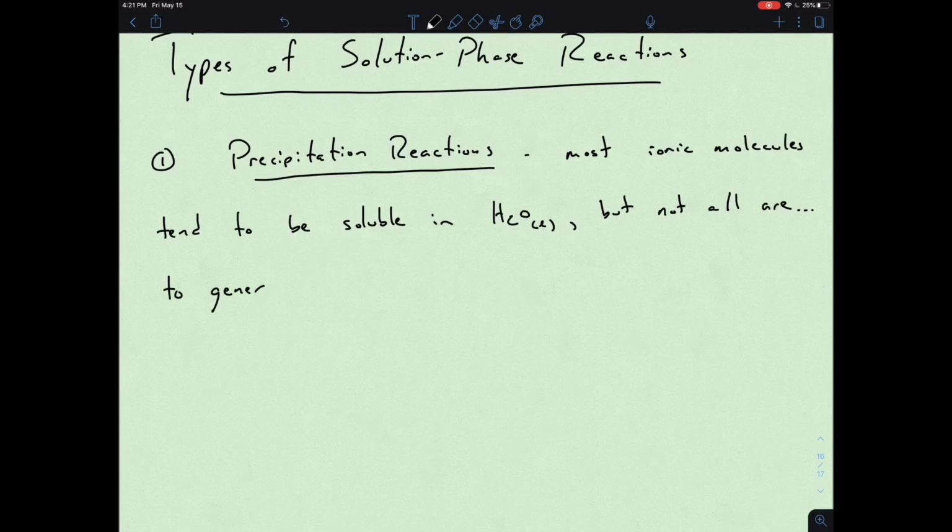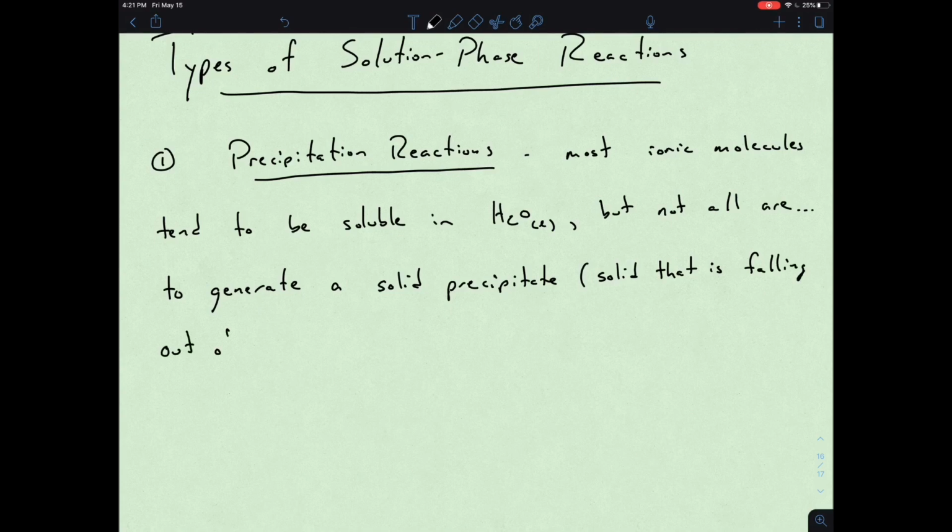To generate a solid precipitate, this would be a solid that is falling out of solution, this is known as a precipitation reaction.